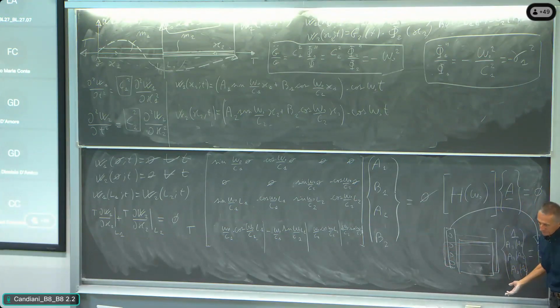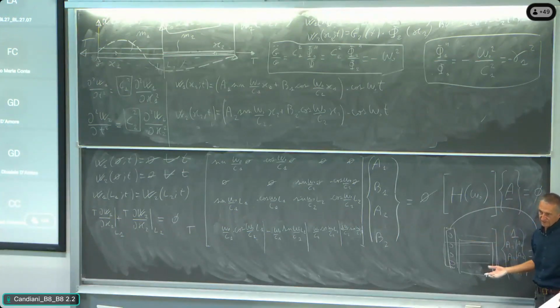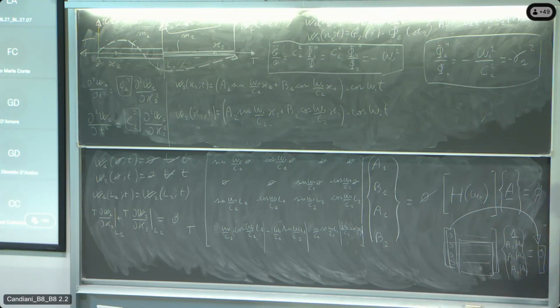I hope that you, in your life, sometimes solved a homogeneous linear problem with the matrix, reducing the order of the matrix after having selected that the determinant of the matrix itself is equal to 0.